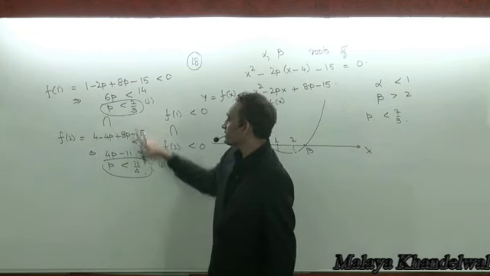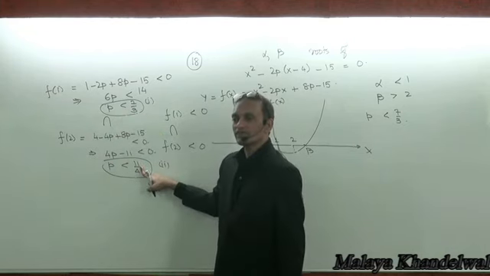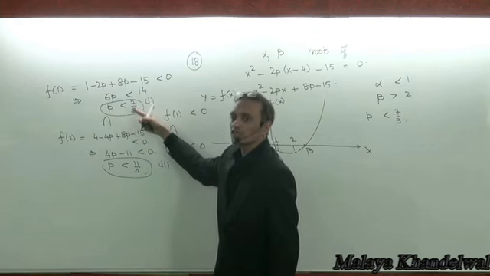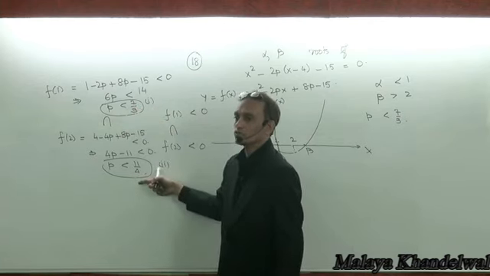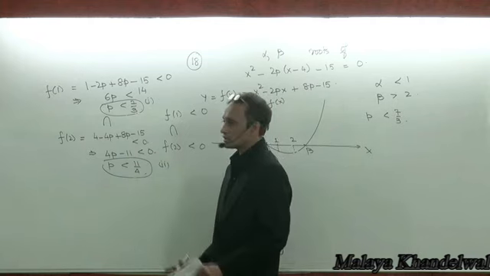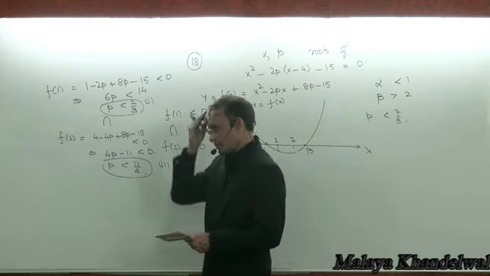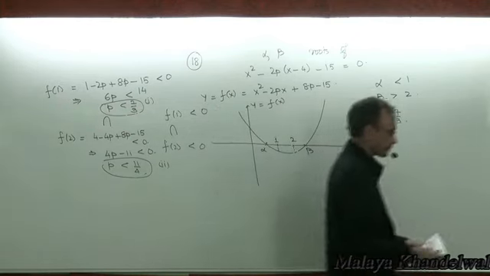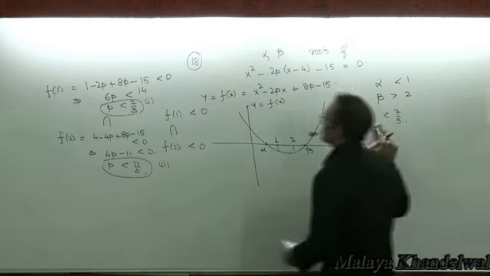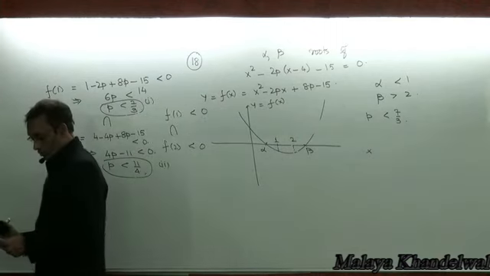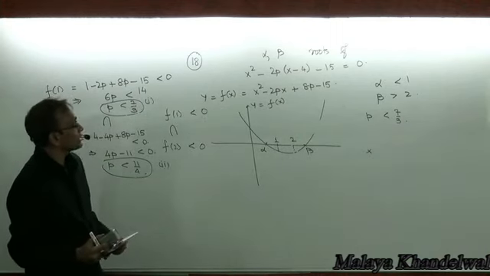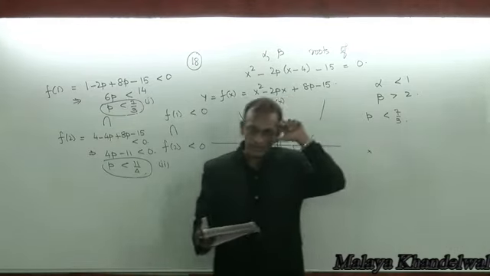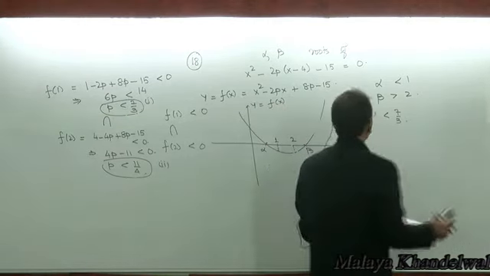This is 2.33. This is 2.75. This is smaller. So if p is smaller than this, it will obviously be smaller than this. So p less than 7 by 3. Clear? Right? So option B. Minus infinity to 7 by 3. Option B.